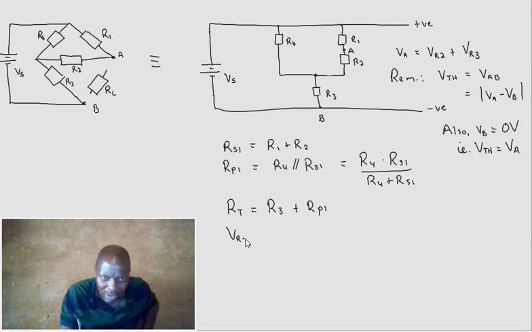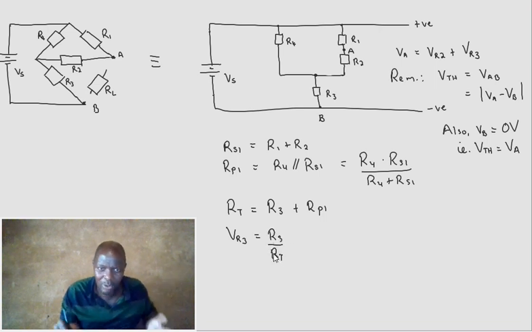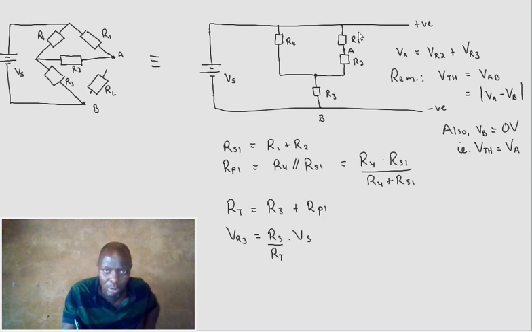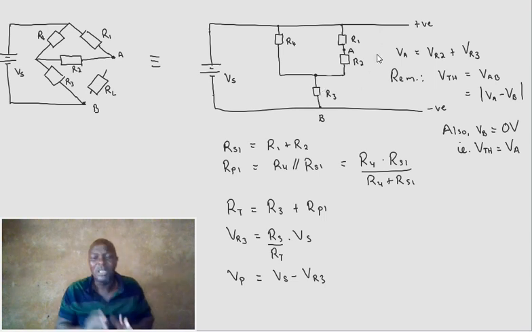VR3 is equal to R3 over R total times V supply. We are sharing that over the whole total times V supply, which would give us VR3. Now to get V parallel, we would have to say V supply minus VR3. This is Kirchhoff. If we remove this, what is left is for the parallel network. That is one way of doing it.